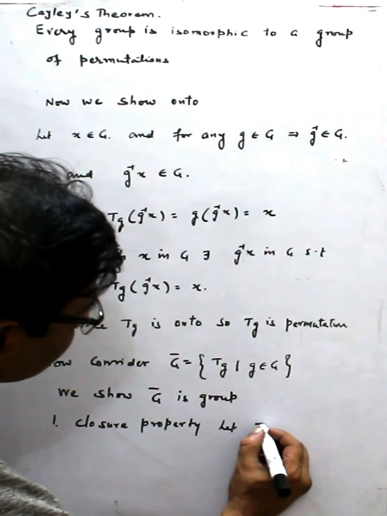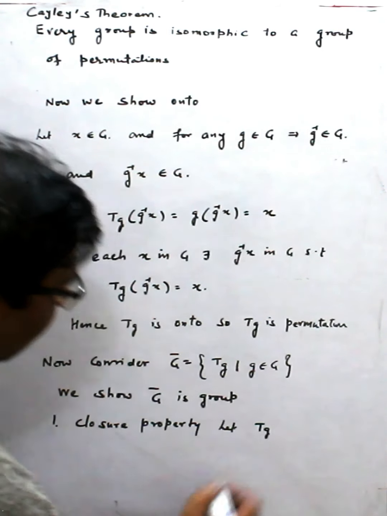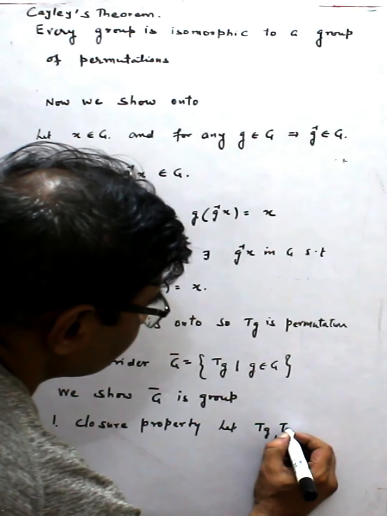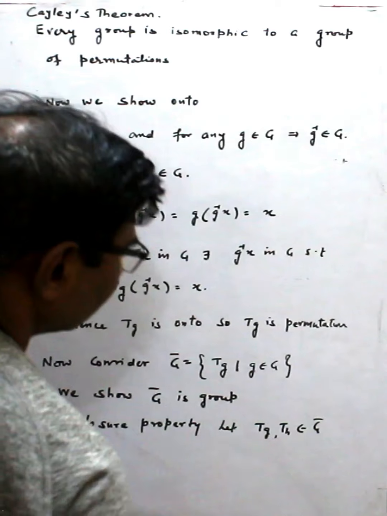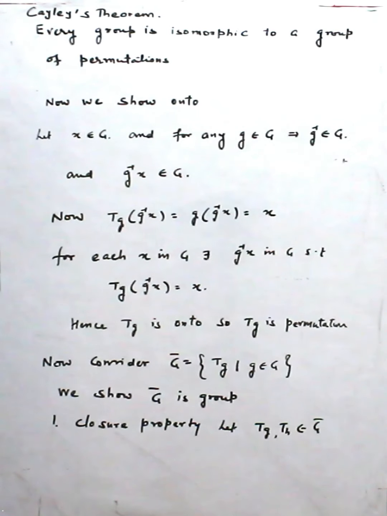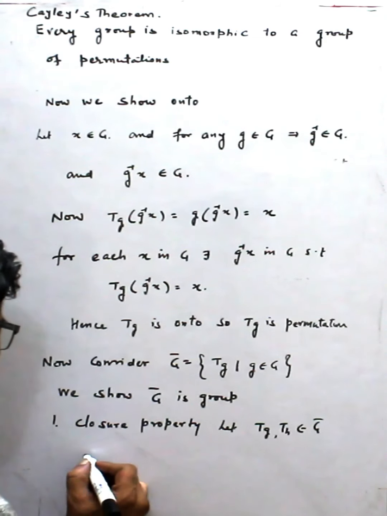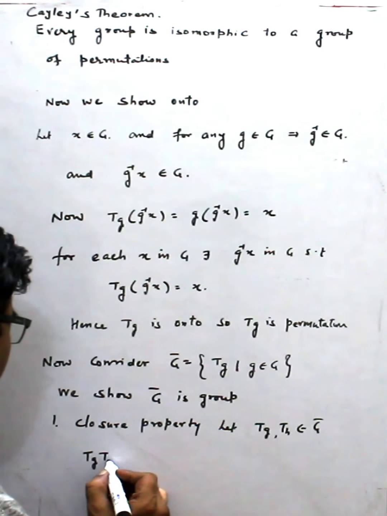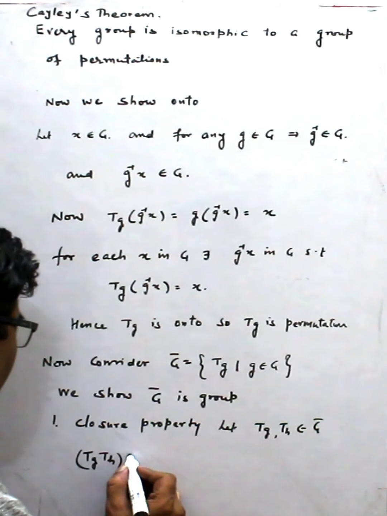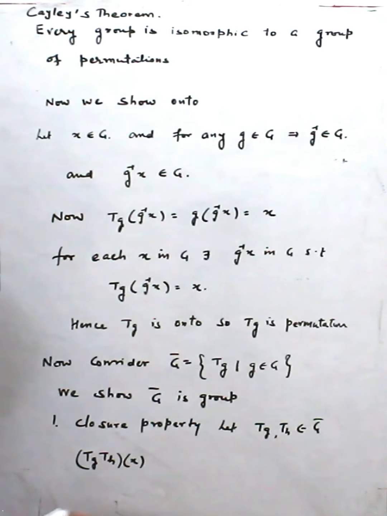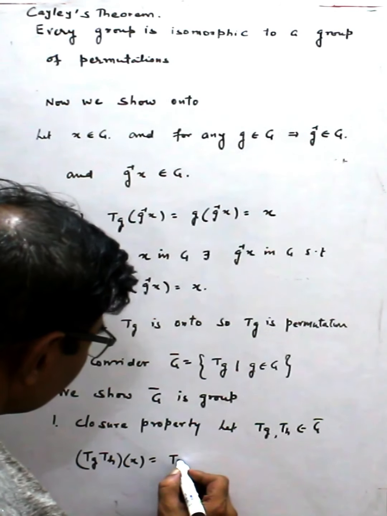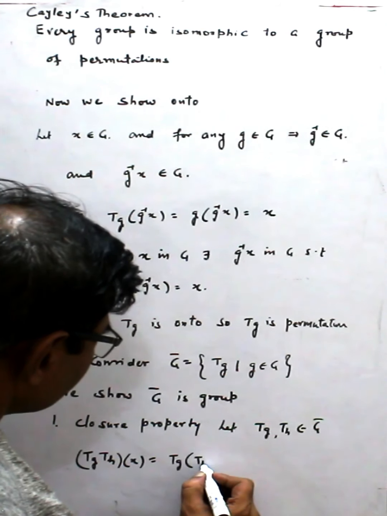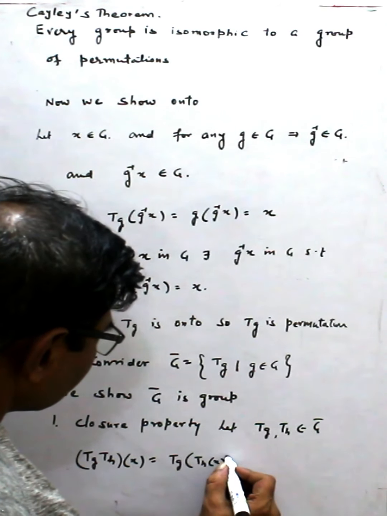Let Tg and Th belong to G bar. Two elements we take, and we show the following. That means Tg Th, if I apply on x, becomes Tg of Th x.